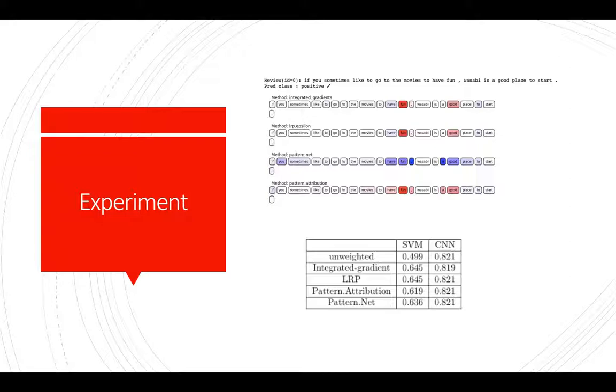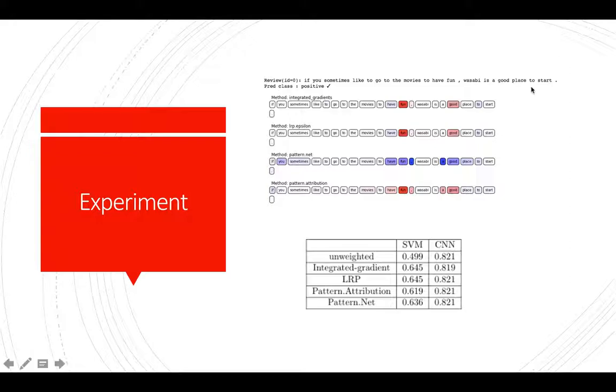So as you can see, this is the heat map of an example review. As we can see, integrated gradient, LRP, and pattern attribution give a proper relevance score for the positive words, where red means it gives a positive score for the true class, and blue means they give a negative score to the true class.